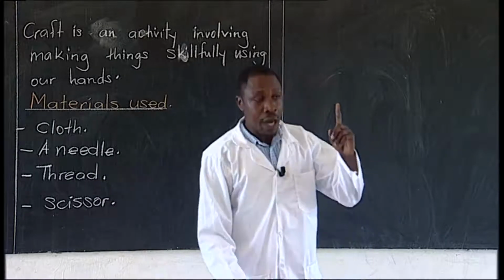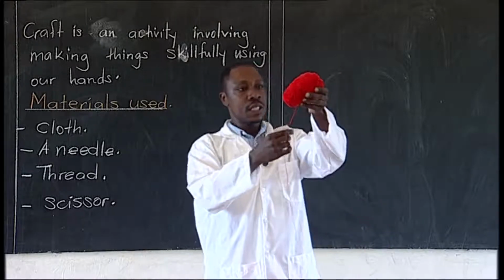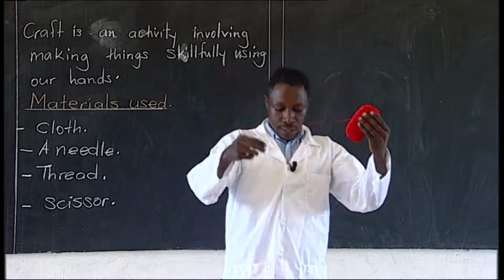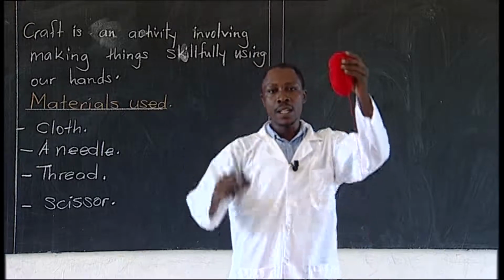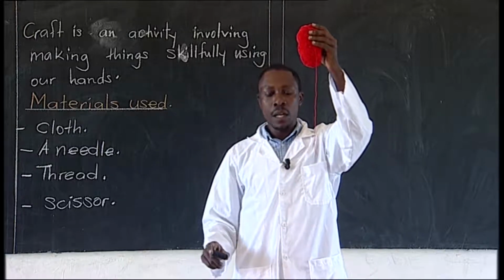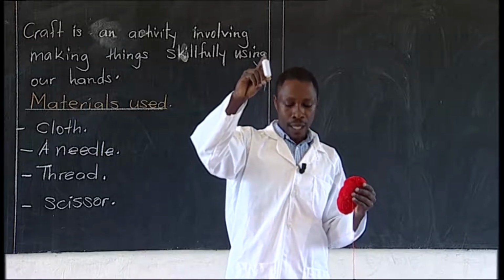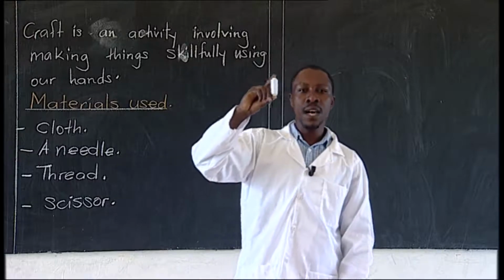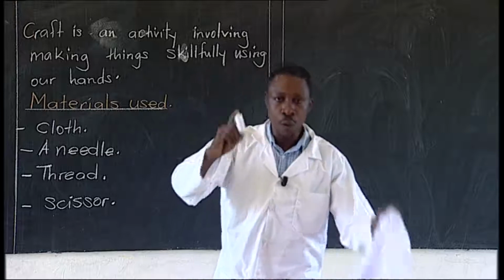Now threads, we have different types. This one is big in size. We have this one, which is black in color. This one is red. Then we also have this one, white in color. When you are going to make designs, first consider the colors you are going to use. You cannot use white on white.